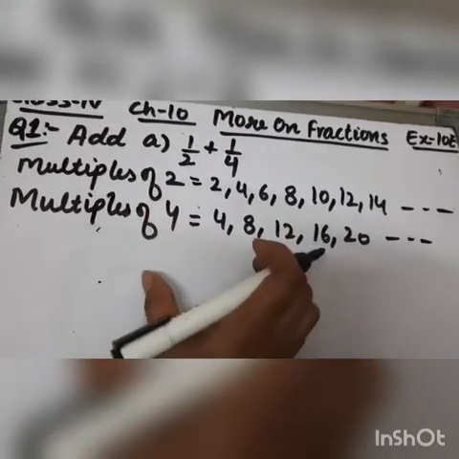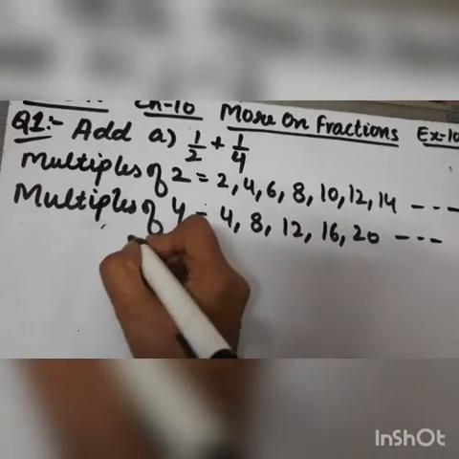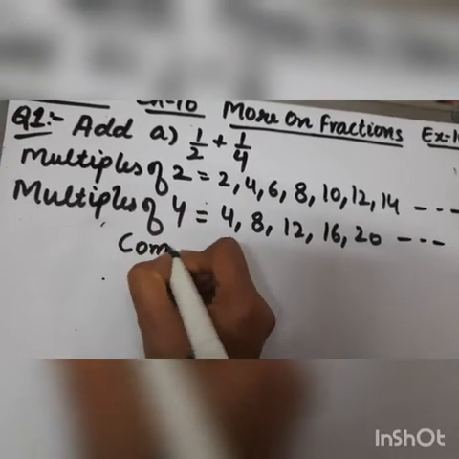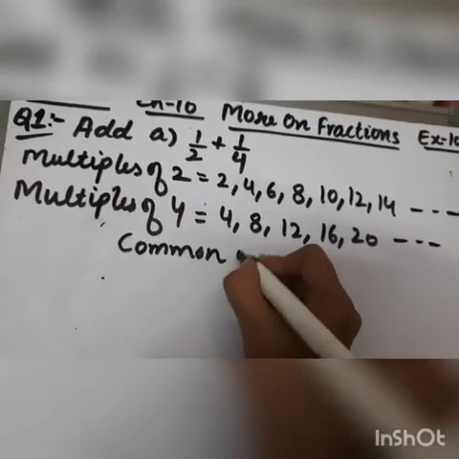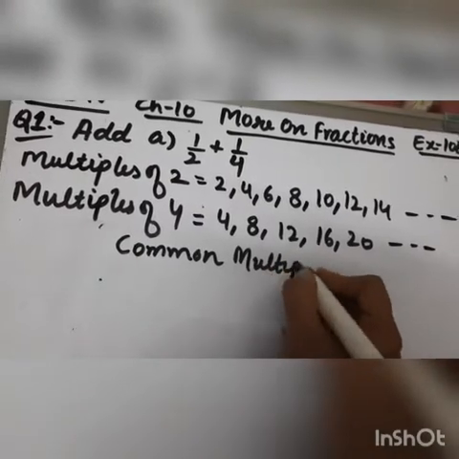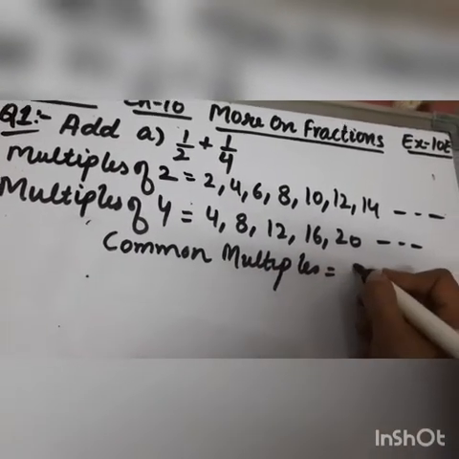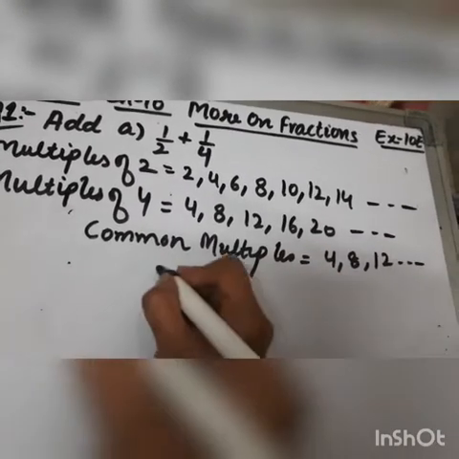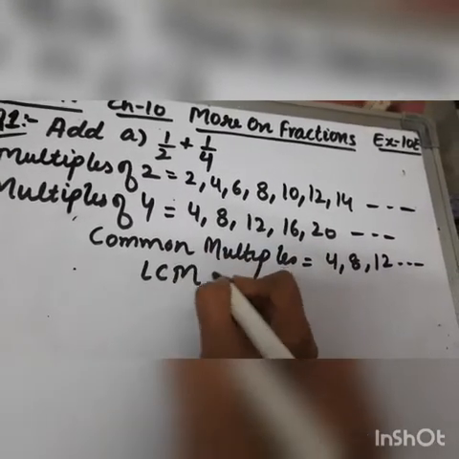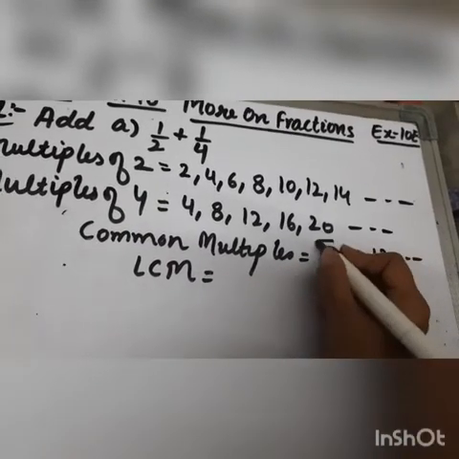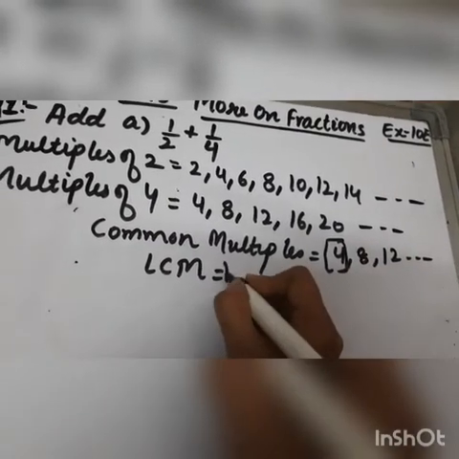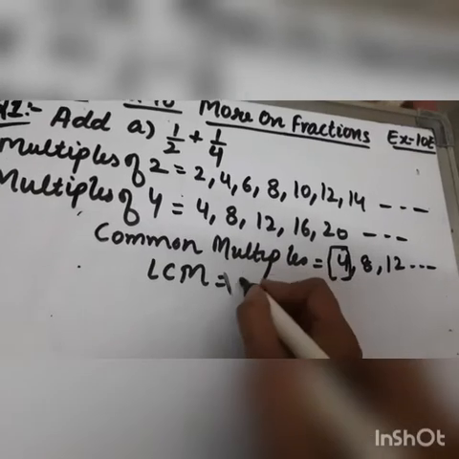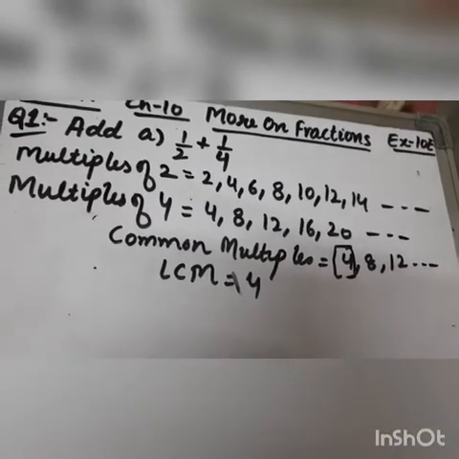Now we will find the least common multiple. See, the common multiples are 4, 8, 12 and so on, and we take only the least common multiple. Least means the smallest common multiple, that is 4. Okay, least common multiple is 4.